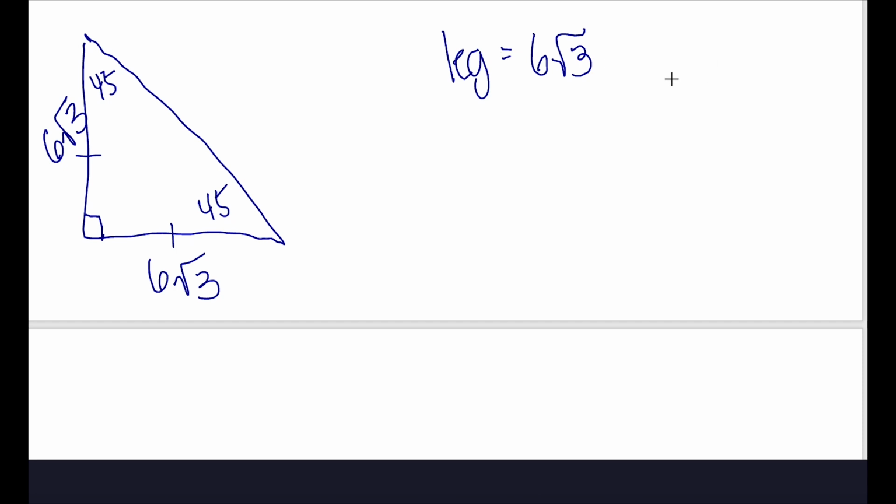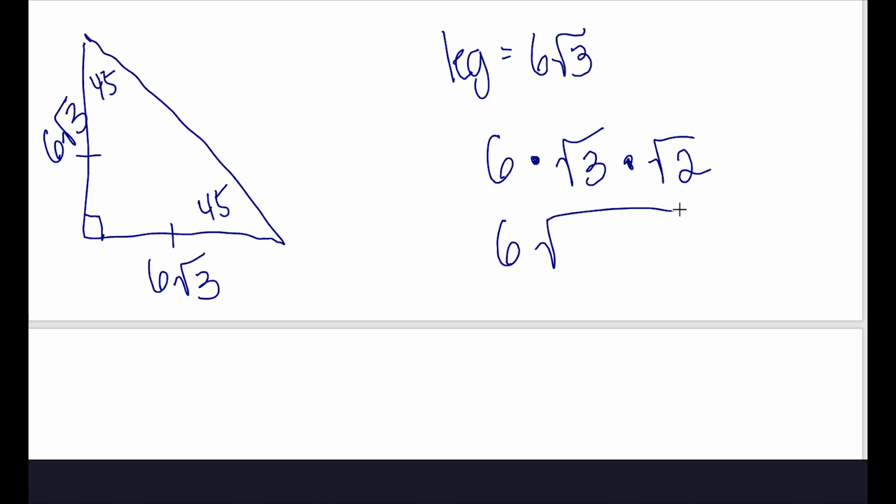But to find the hypotenuse, we have to multiply the leg by the square root of 2. Okay. So we're multiplying the two numbers in the radicals. 6 times the square root of 3 times 2, or 6 radical 6. Well, the square root of 6 cannot be simplified, so this is the final answer for our hypotenuse.